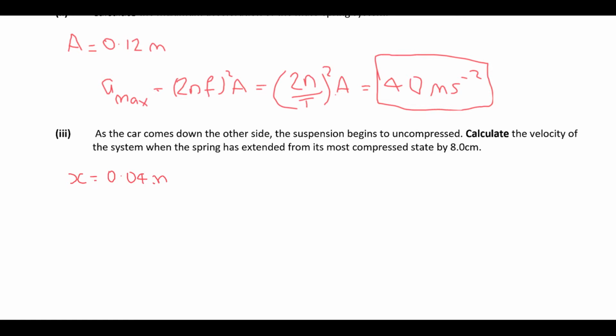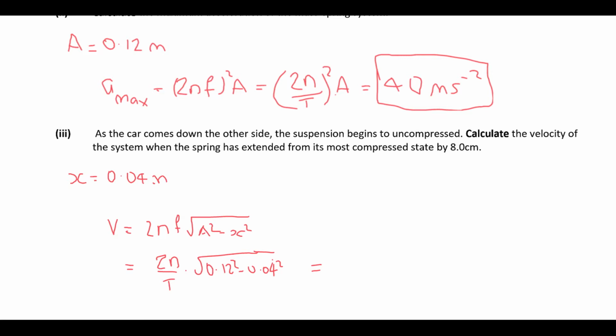So velocity can be calculated using 2 pi f times the square root of a squared minus x squared. So it's going to be 2 pi over T times the square root of 0.12, which is your amplitude, squared, minus 0.04 squared, which is its current displacement.